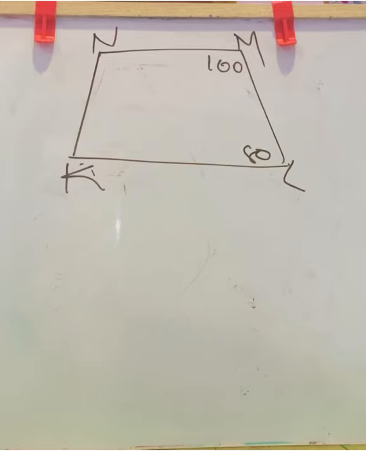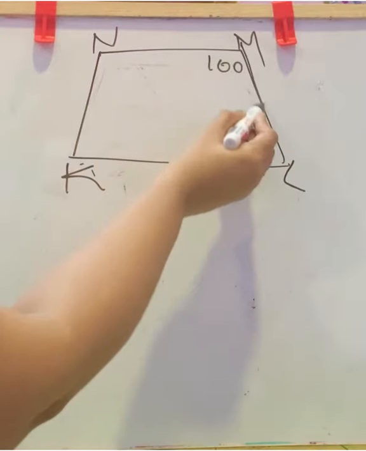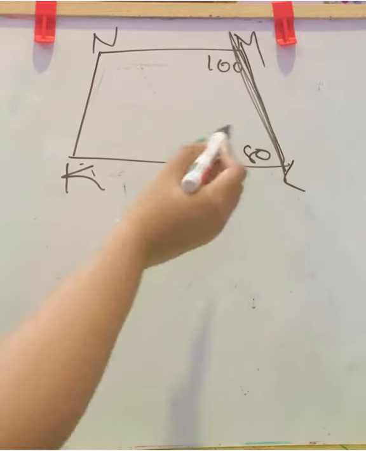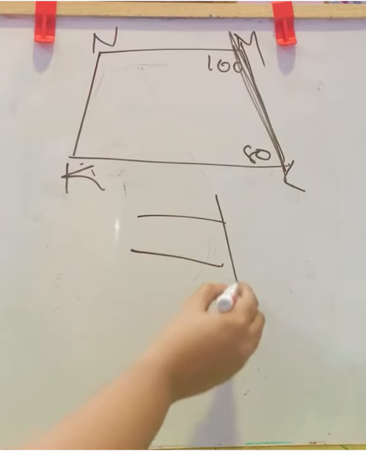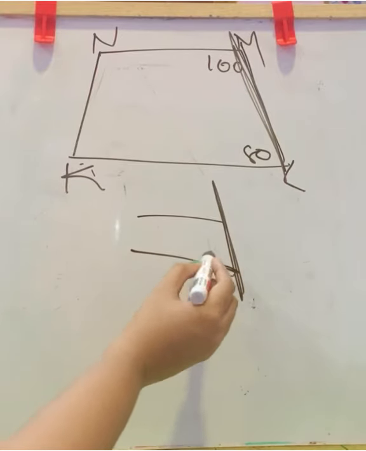Next question. Explain how this figure is a trapezium. Which of its two sides are parallel? We have to check about these given angles. 180. Now you can see a transversal, and two lines are there, a transversal is passing through them.